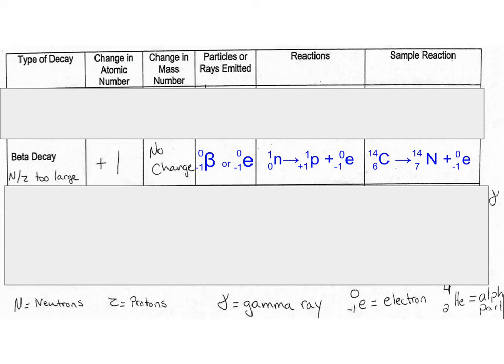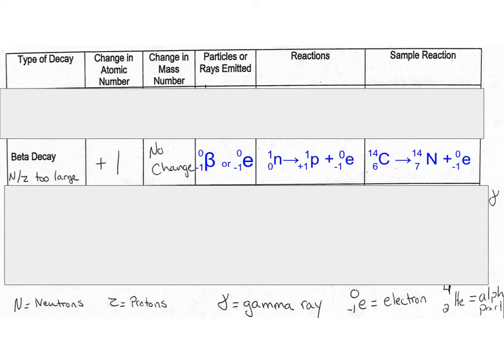This time we are going to be increasing our atomic number by 1 because we're taking 1 away with that little electron. There's going to be no change in our mass number.